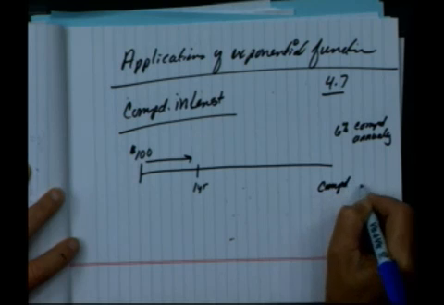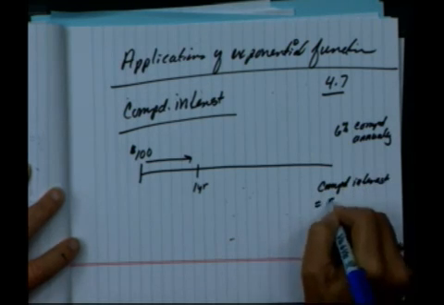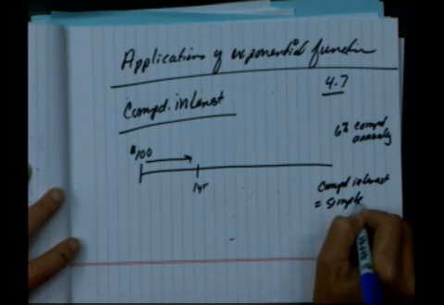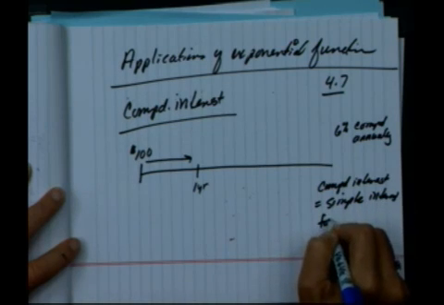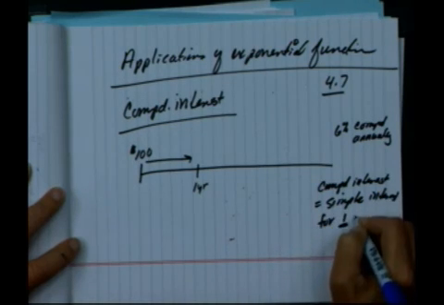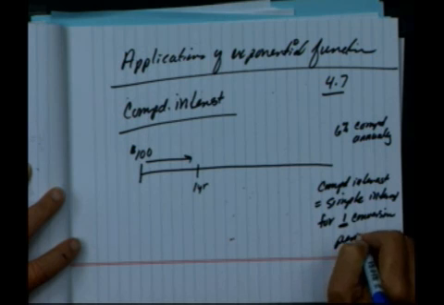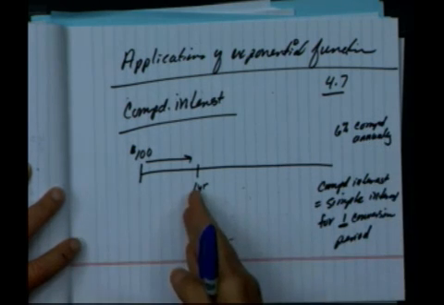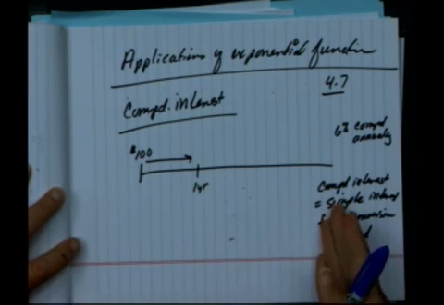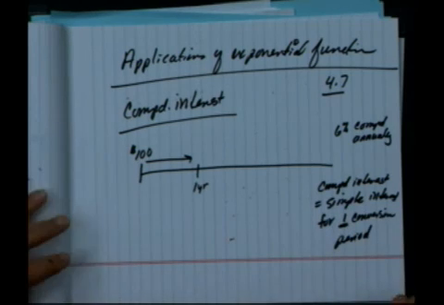Compound interest equals simple interest for one conversion period. Meaning that if it's compounded annually, simple interest for 1 year is the same thing. If it's compounded quarterly, simple interest for a quarter is the same that you'd get for compounded quarterly.